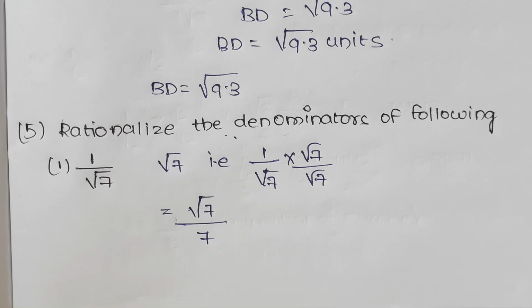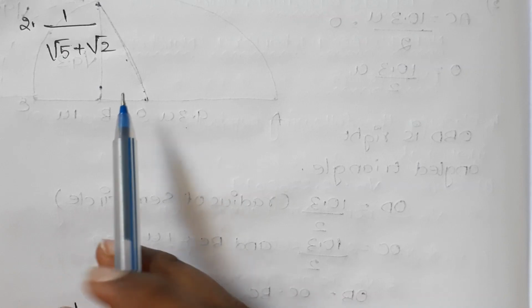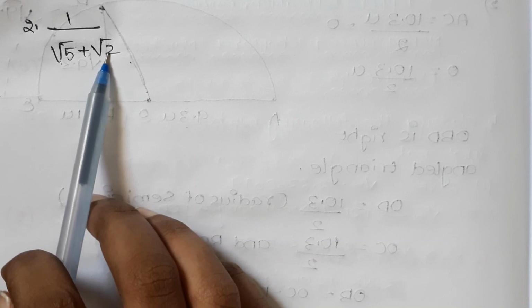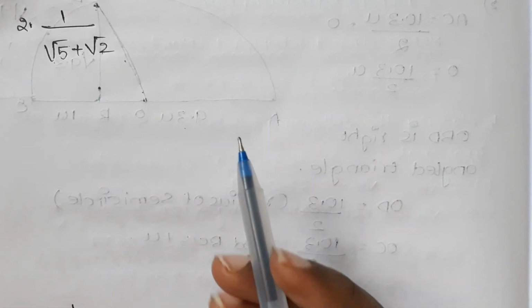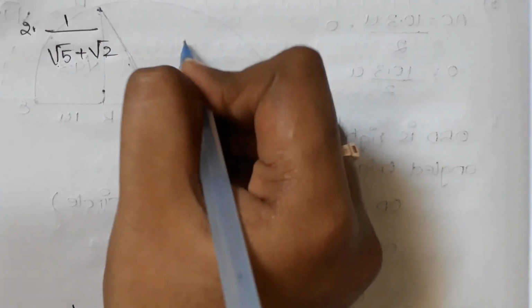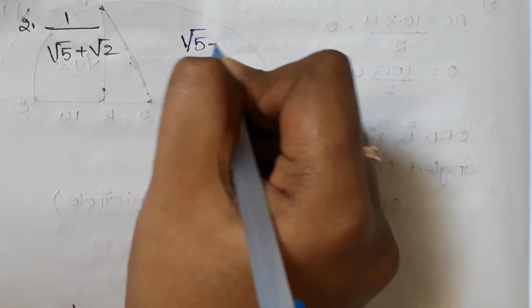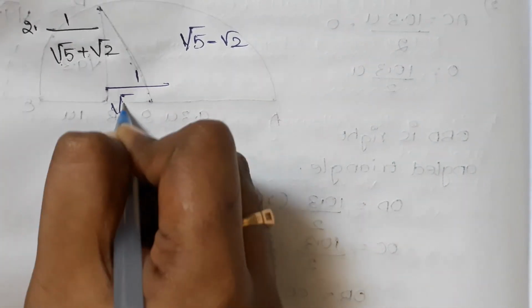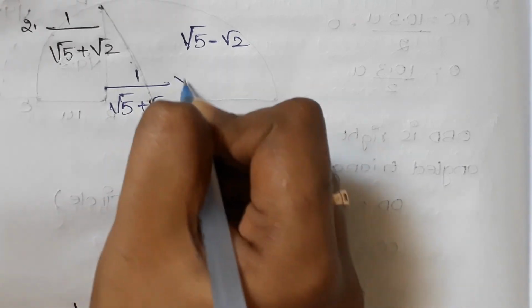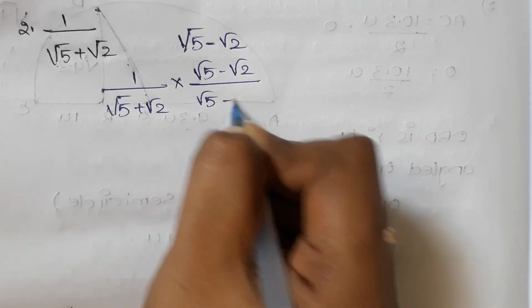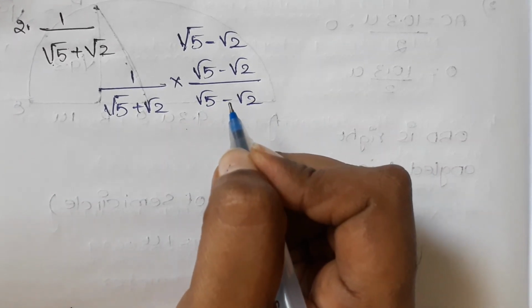Now let us see the second question, that is 1 by root 5 plus root 2. In order to rationalize this given number, we should multiply and divide with root 5 minus root 2. That is 1 by root 5 plus root 2 into root 5 minus root 2 by root 5 minus root 2.